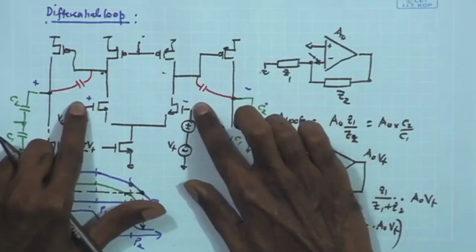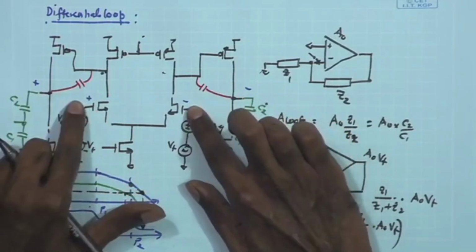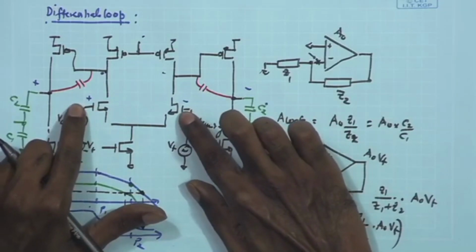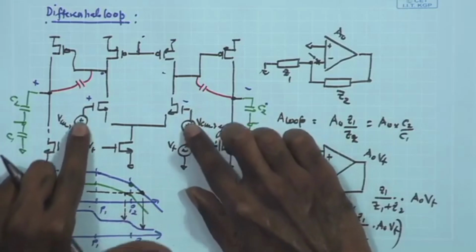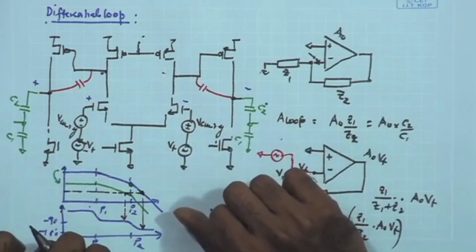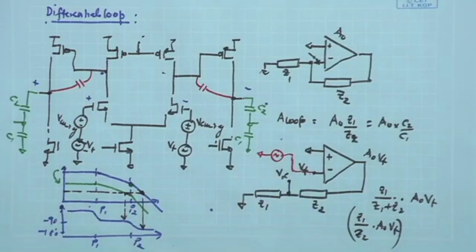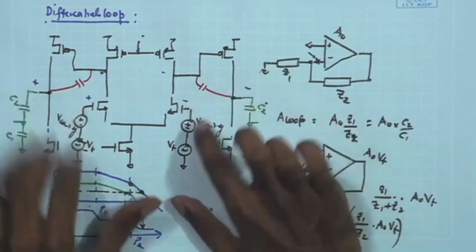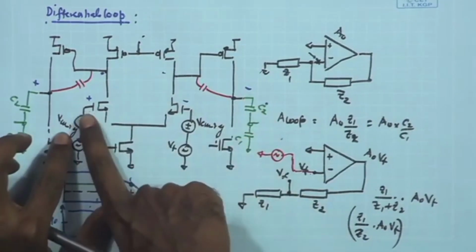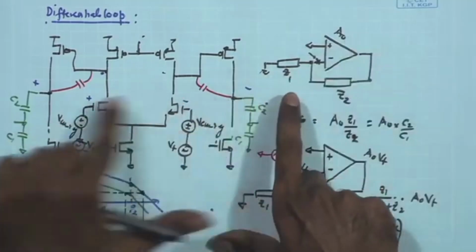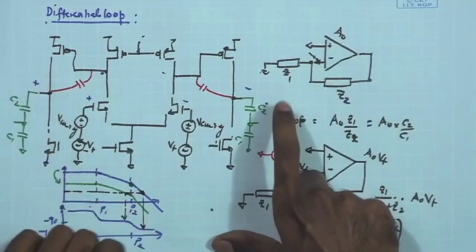Only thing is that if you are getting rid of the resistive feedback, for simplicity, this RF that was connected between the input to the output side, if you are getting rid of that, then you will have to apply this DC potential over here. Remember, even if you keep the RF connected, like what we have now, if you draw the RF, it will become complicated because you have the plus to minus coming. So, this has to connect here and this has to connect over here for the RF.